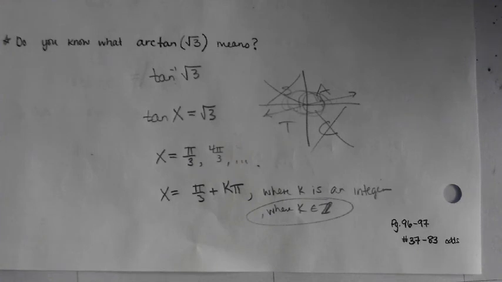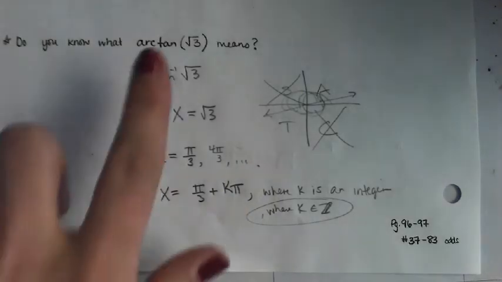He took pi over 3 and he subtracted pi. So he subtracted 3 pi over 3, which got him to negative 2 pi over 3. So k can be any integer, positive or negative, obviously. That's what the definition of integers is. And then you've got all of your answers. So nothing new and crazy, just a different way of presenting it.